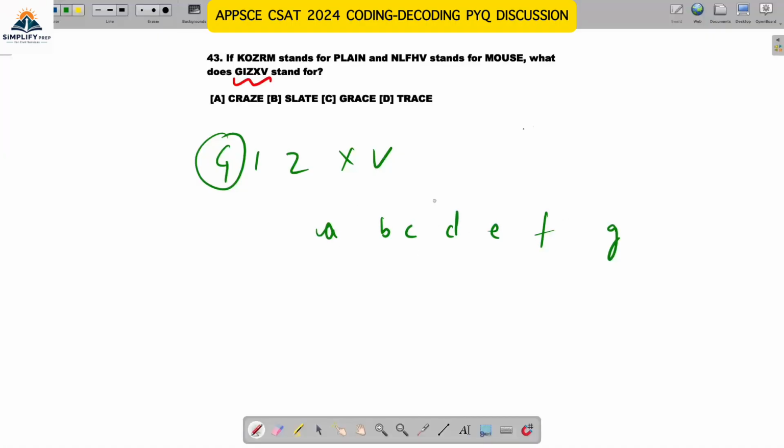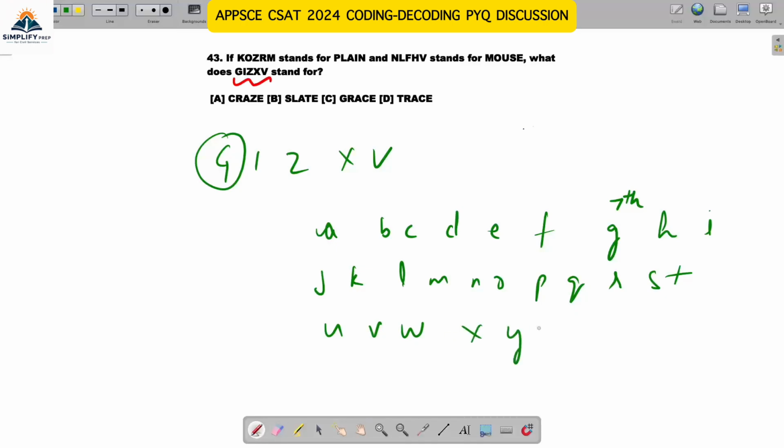G is the seventh position. It was sixth up to here, this is the seventh position. So from the reverse I can also see seventh. For that I have to write the whole ABC, J K L M N O P, all of this, W X Y. So what is the seventh? 1 2 3 4 5 6 7. 7 is T.